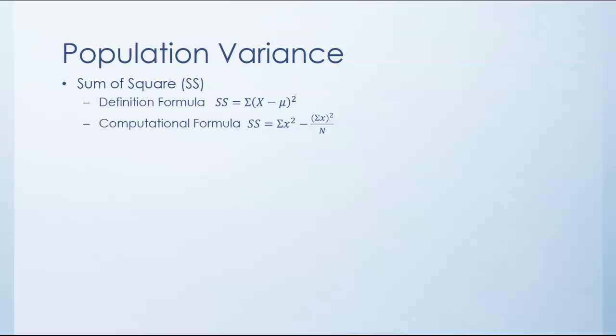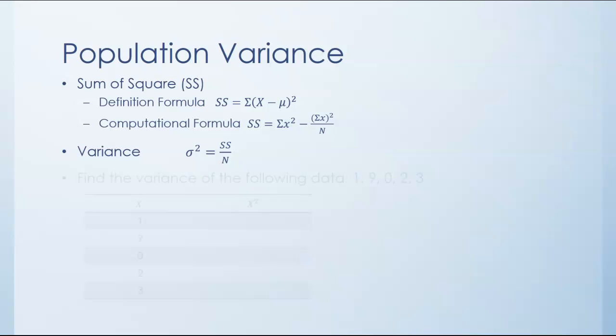And then the other thing we do is we add all our data points up, then square it and divide it by however many data points we have. We can find the sum of squares that way much easier than doing the data point minus the mean, although both definitions will actually work. And then once we find the sum of squares, to find the variance, all we're going to do is take that value and divide it by n.